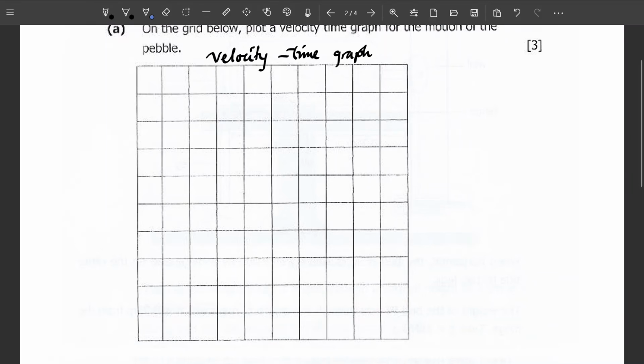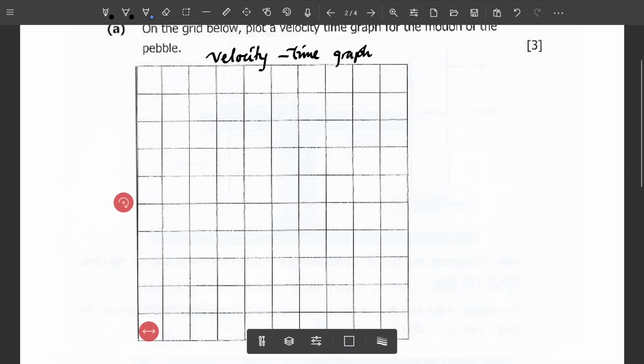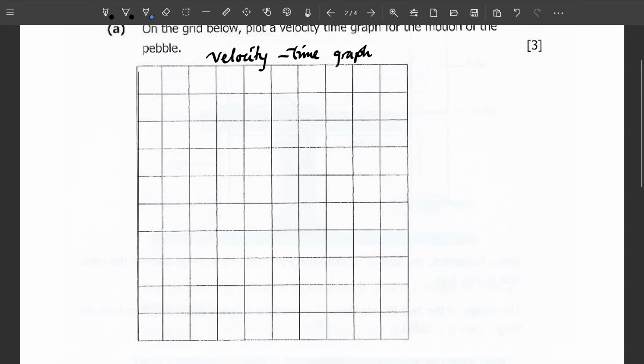Let me try to draw something here. This is the vertical axis.